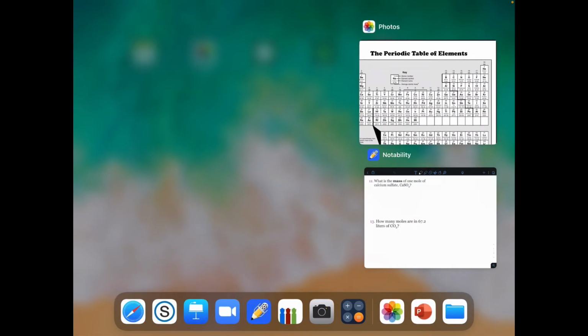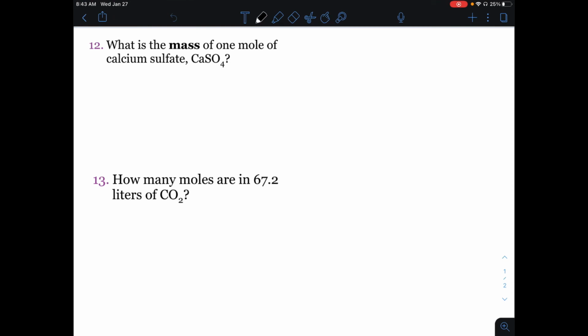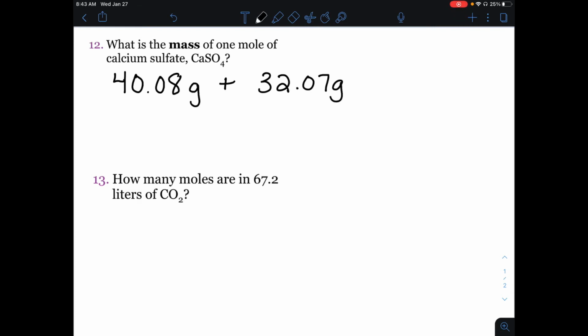So after going to the periodic table, I can add what we call the molar mass of calcium sulfate. So calcium was 40.08 grams, plus sulfur, which is 32.07 grams. Plus, there are 4 oxygens.